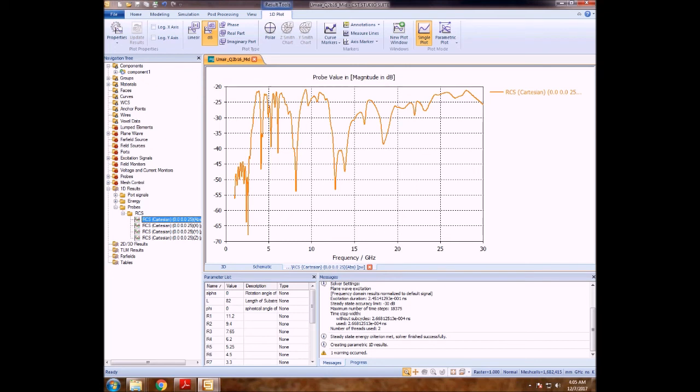First is at 2.8 gigahertz and its RCS value is minus 67. The second dip is at 4 gigahertz and its value is minus 46 dB. Third is at 5 gigahertz and its value is minus 30. Fourth one is at 6.5 gigahertz and its value is minus 42.